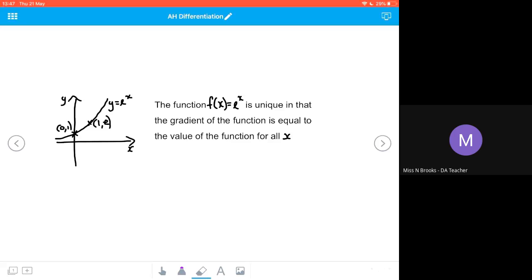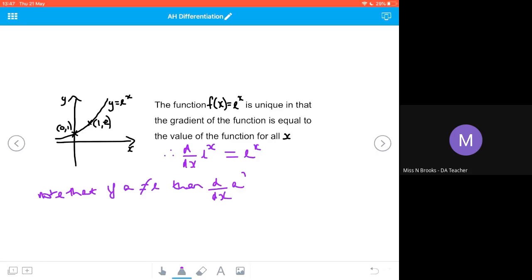So therefore, we can say that the derivative with respect to x of e to the x equals e to the x. Now the caveat for that is that we need to note that if a doesn't equal e, then the derivative with respect to x of a to the x does not equal a to the x.